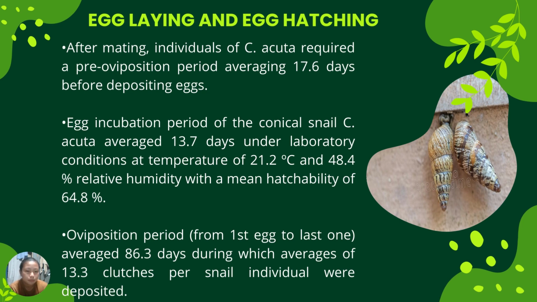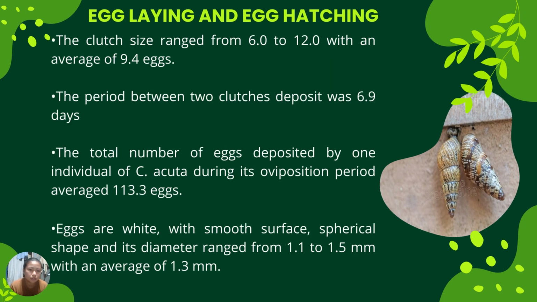64.8%. So its oviposition period, or the egg laying from the first to the last one, averaged 86.3 days. And that oviposition period, from first to last, averaged 13.3 clutches per snail individual. So a clutch is the clutching of eggs, many eggs in one deposit of the snail.